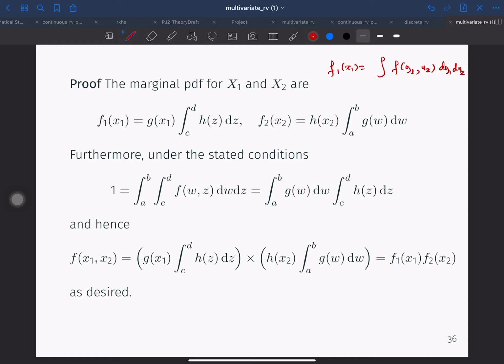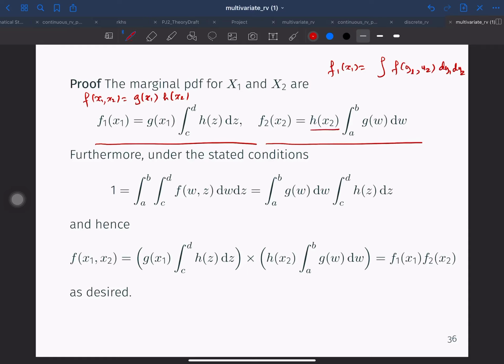So if you assume the condition is true, that f(x1, x2) is equal to g(x1) h(x2), then the marginal f1(x1) can be written in terms of this integration. And similarly, f2(x2) can be written as this integration.